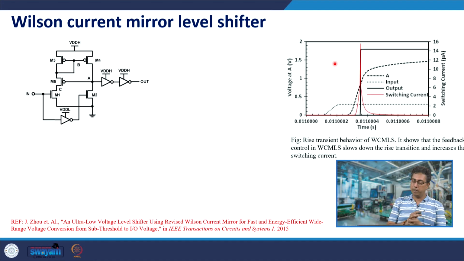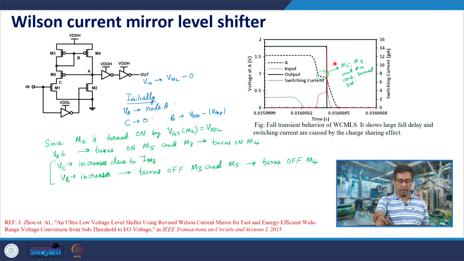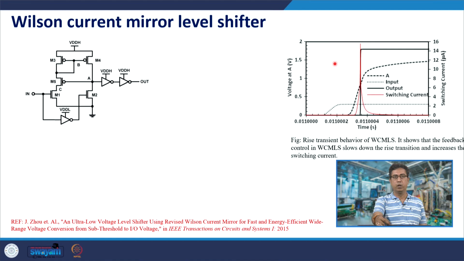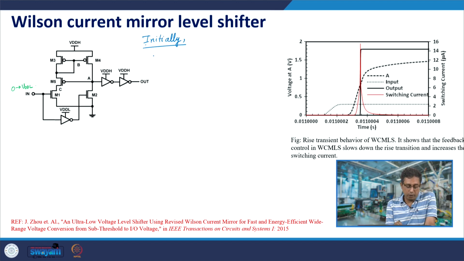What about the input switching from 0 to VDDL? Previously we were looking at the input switching from VDDL to 0; now we are looking at the transient phenomenon when the input switches from 0 to VDDL. What was the initial value of C? It was a high value.